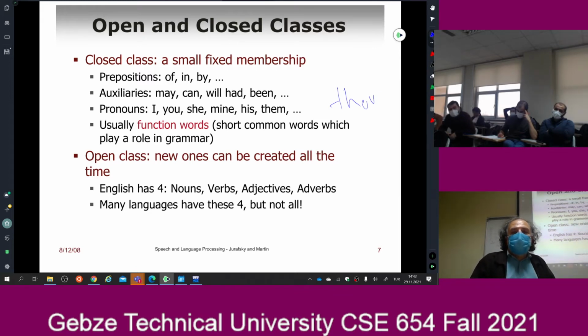These are open class words, and we don't have any limit on the number of words in this set, but the others are limited. That's why they are closed. Many languages have all these four, but in Turkish, for example, sometimes we are confused about adjectives and adverbs.